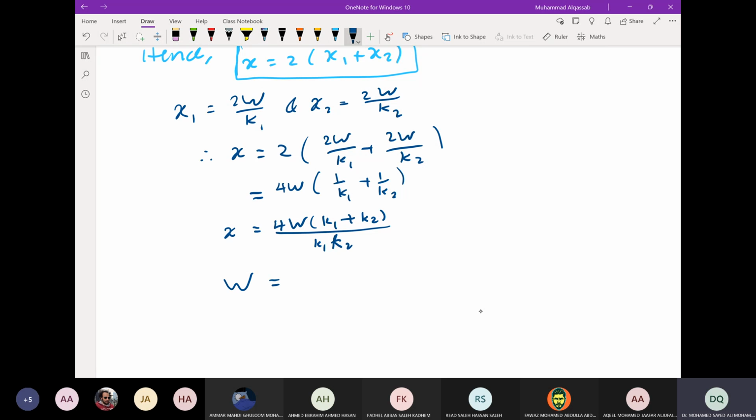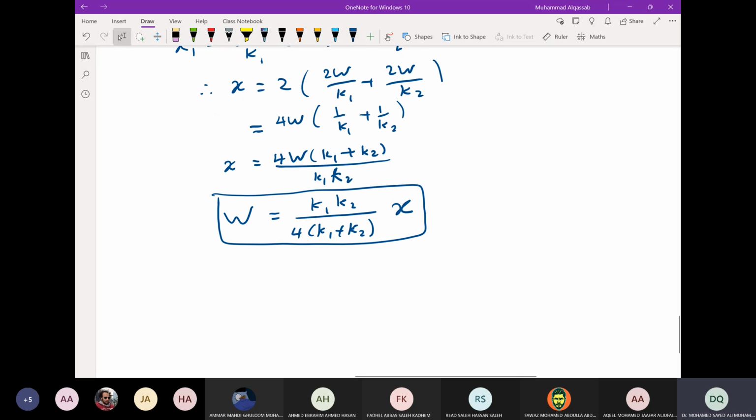And to arrange the equation as Hooke's law, this will be K1 K2 divided by 4 (K1 plus K2) times X, which is Hooke's law.